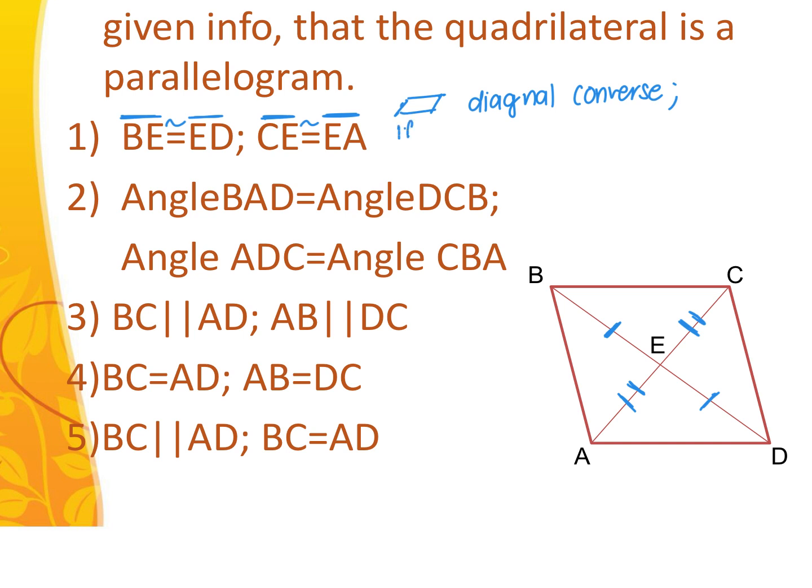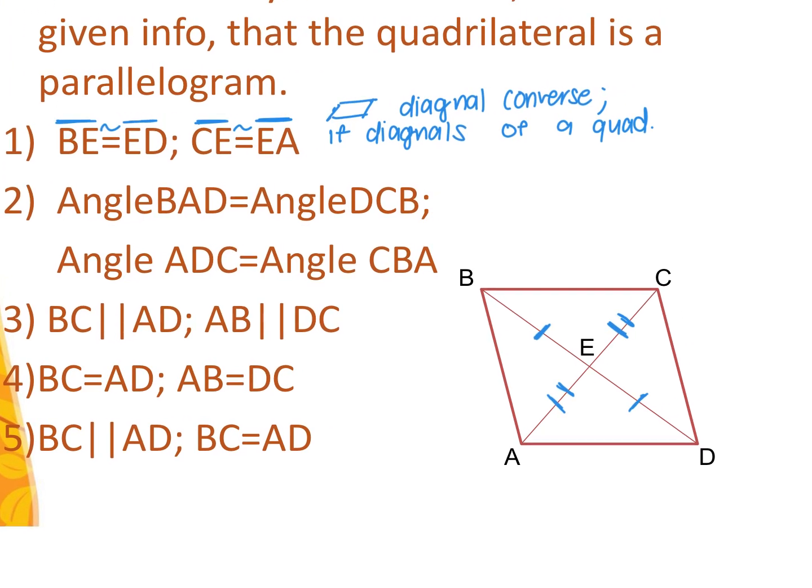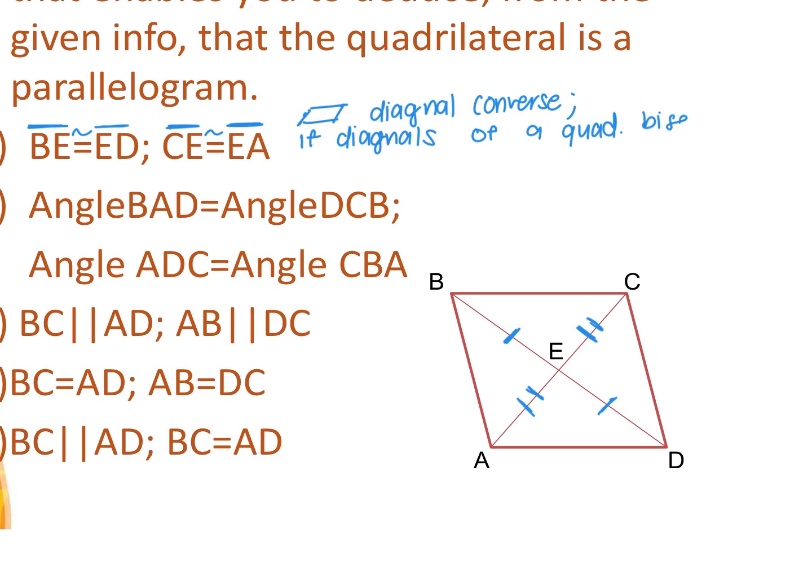If diagonals of a quadrilateral, I'm going to shorten it, bisect each other, then it is a parallelogram. Okay, and highlight so you know which one's the theorem. Parallelogram, diagonal, converse.